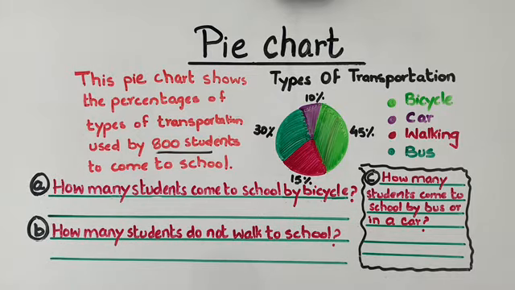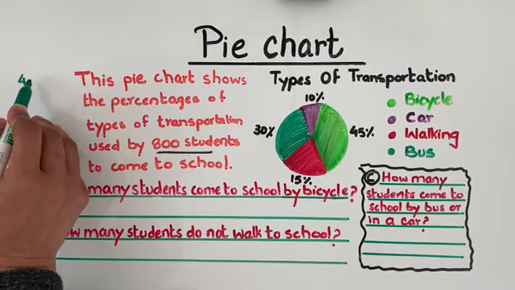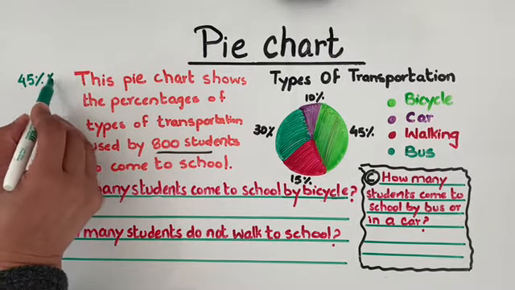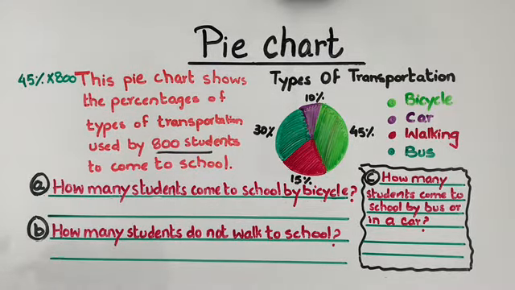Right, but here we have to tell the number of the students, not the percentages. So the equation will be like this: 45% times 800. This will be the equation.